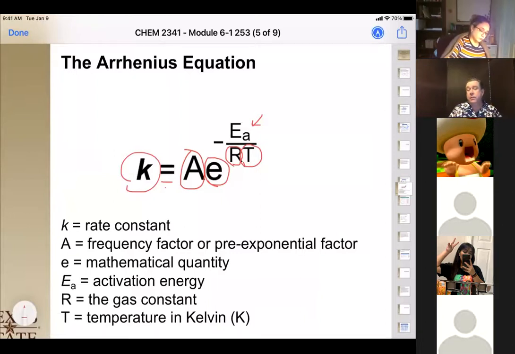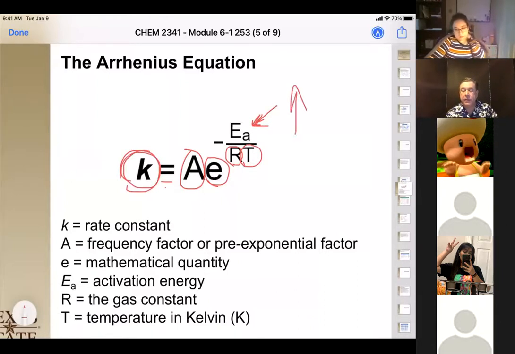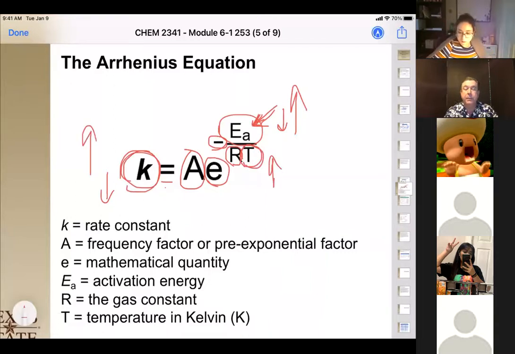So this is important, right? Our rate constant is equal to our activation energy here. As activation energy gets bigger, this number gets bigger and this number gets smaller because we have a negative. As this number gets smaller, and look, if temperature gets higher, that number gets smaller and our rate goes up. Okay.